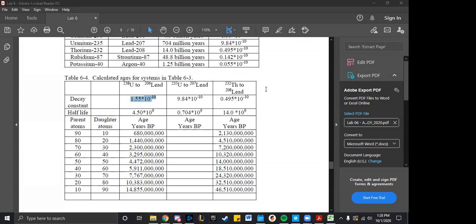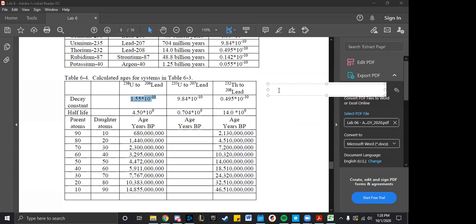I'm trying to do it right now. Is that 1 divided by the 1.55? Mm-hmm. My calculator is not understanding.